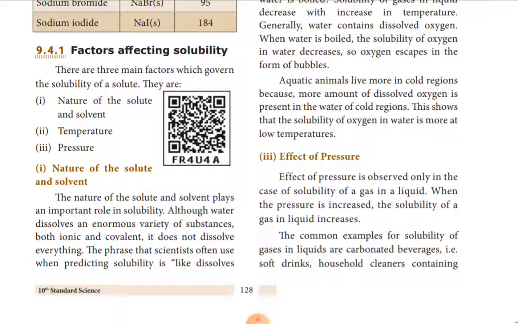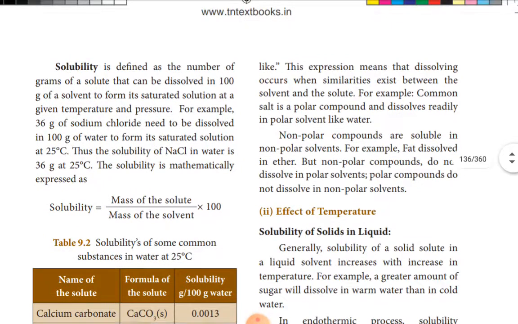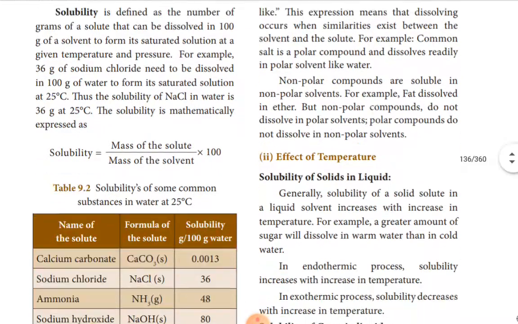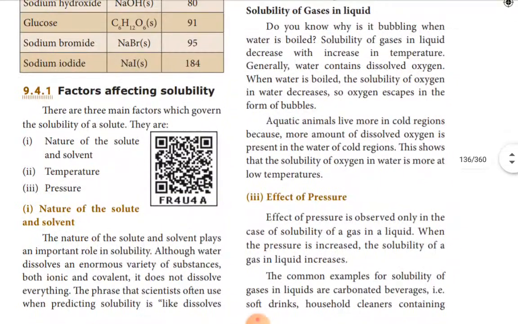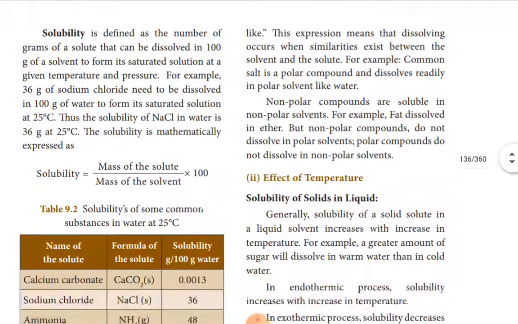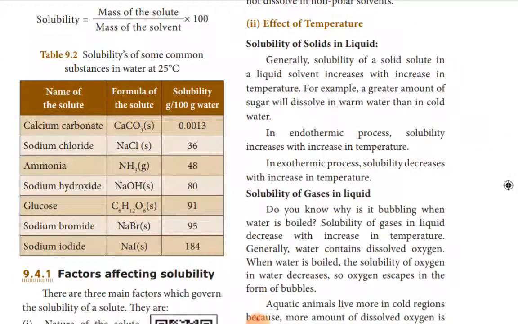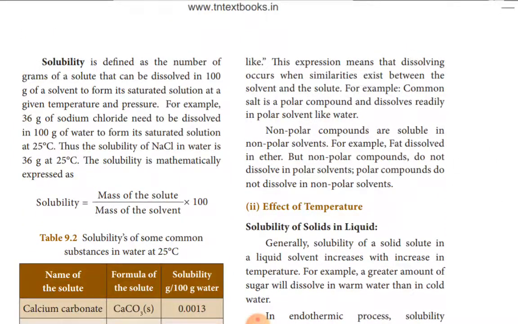Even though, all the substances are not dissolved in water. That's why scientists use a term like dissolves like. What is the meaning of this? Like dissolves like. Sometimes this type of phrase will be used in question form: like dissolves like, explain the term with a suitable example.